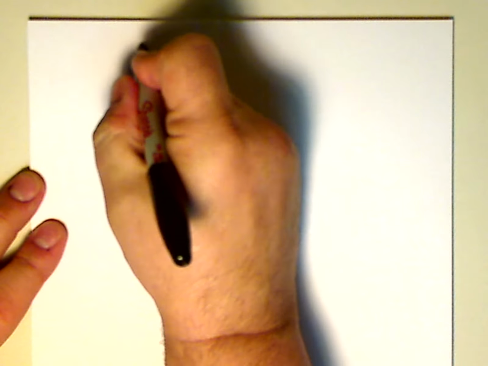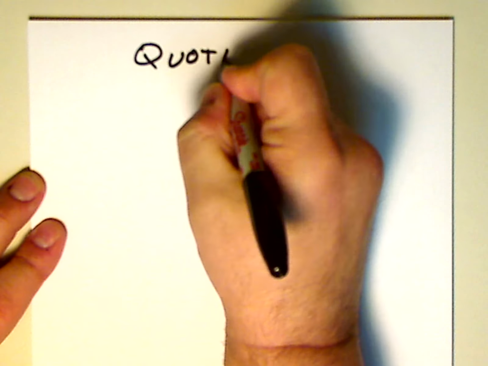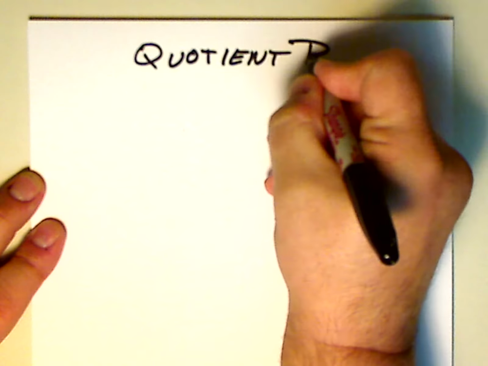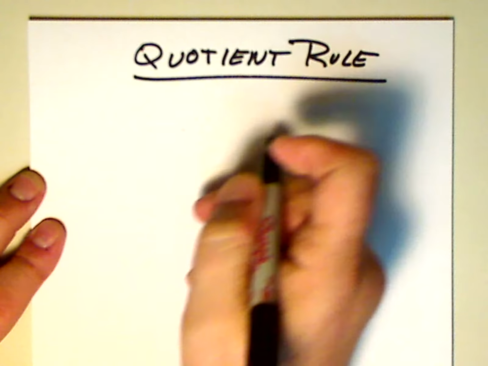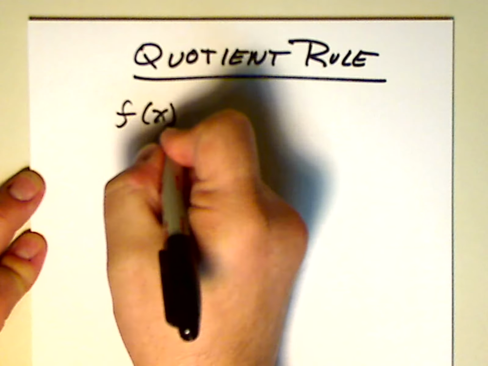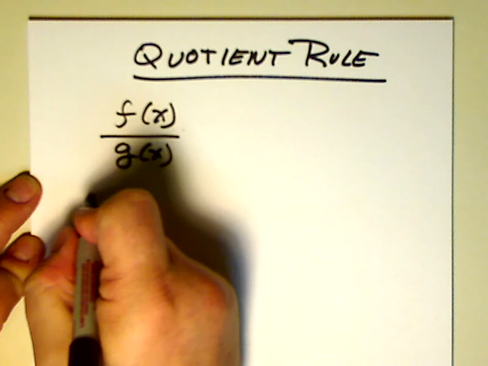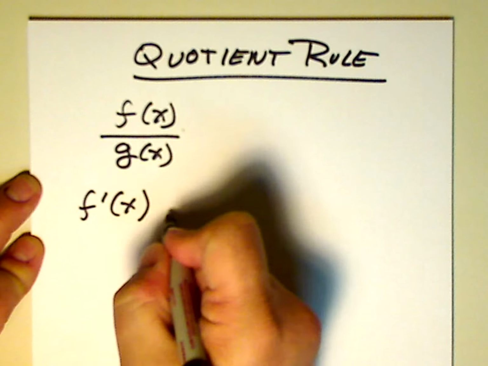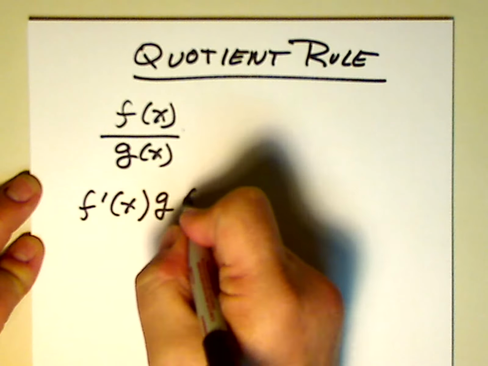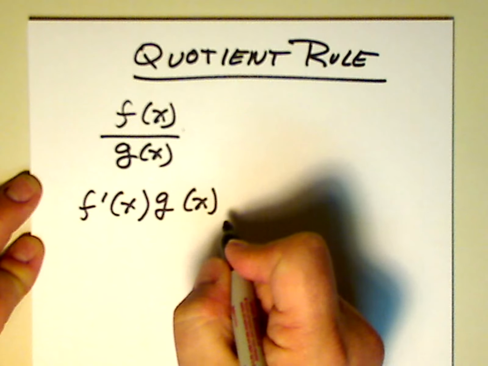So let's review the quotient rule. So we have two functions, f of x over g of x. We want to differentiate this. So we're going to take the derivative of the numerator and multiply it by the denominator.